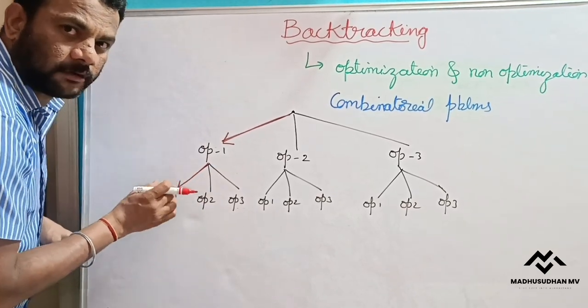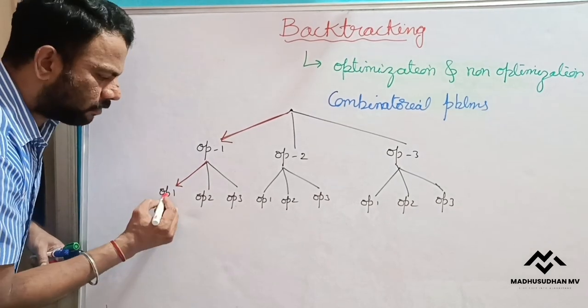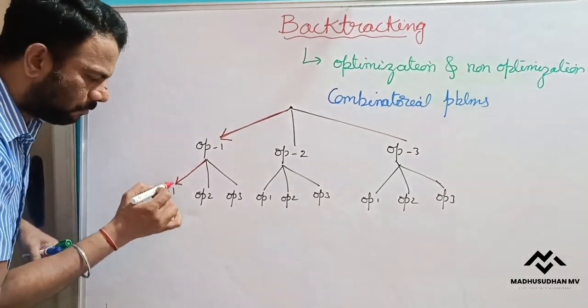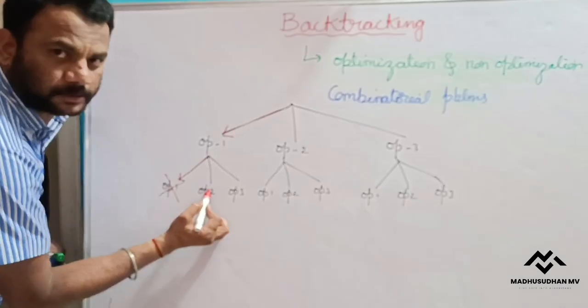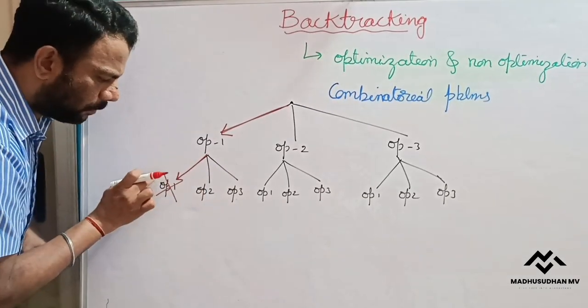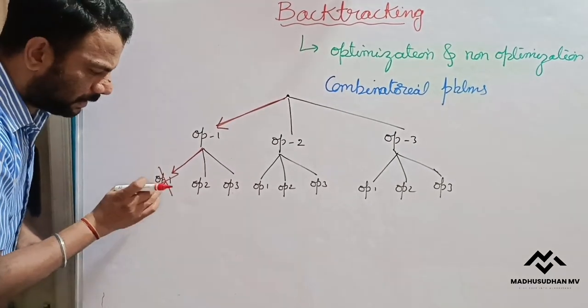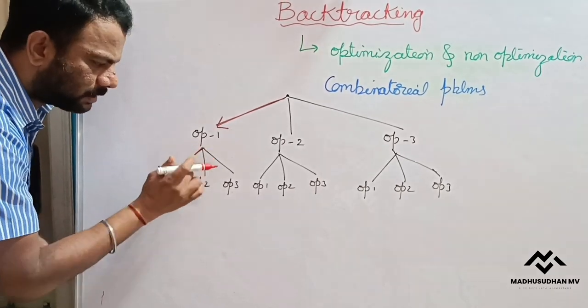If the first option gives hope of getting a solution, it will continue. Otherwise it will stop there itself, mark this as a dead end, go back, and check the next option. Suppose this option promises to give the solution, it goes further. Otherwise, we call this a dead end node, come to the previous one and check the next option.